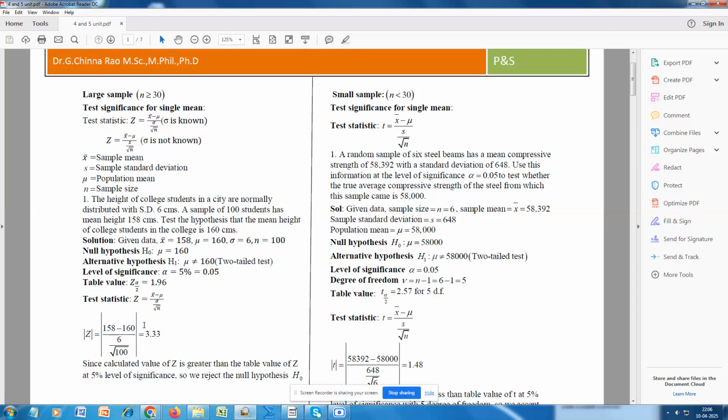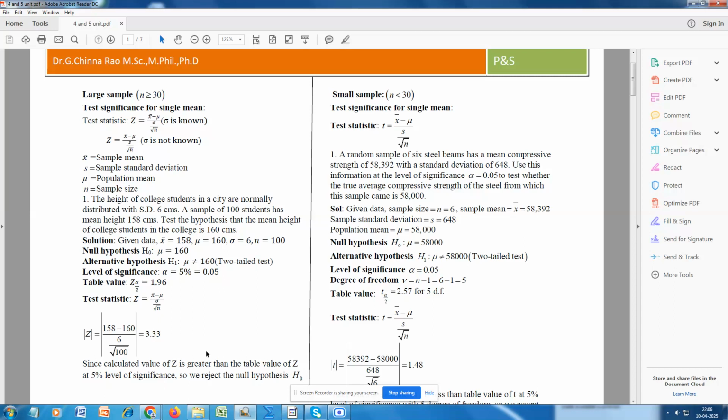Taking the modulus and calculating, finally we have the value 3.33. The calculated value is 3.33 and the tabular value is 1.96. We observe that the calculated value of z is greater than the table value of z at 5% level of significance, so we reject the null hypothesis H naught. If the calculated value is less than the table value, then we accept.